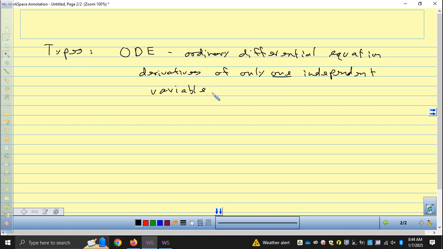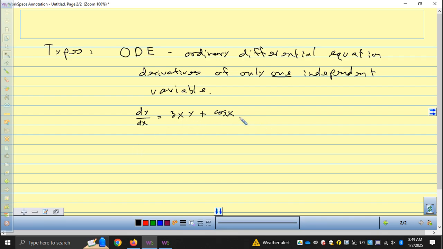So we could have something like dy/dx equals 3xy plus cosine x. That's an ordinary differential equation. We have the derivative just in terms of x. Now this one we can't just solve by integrating because we have this y.